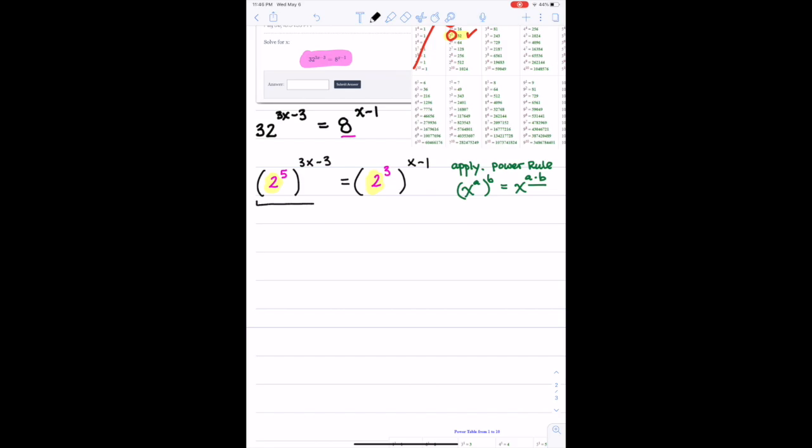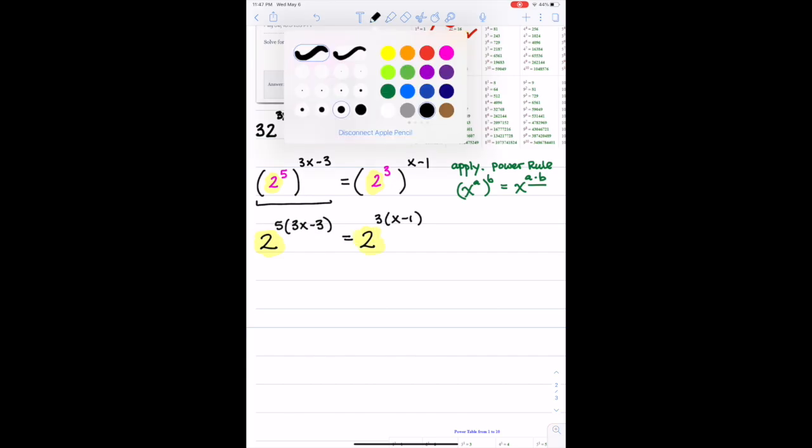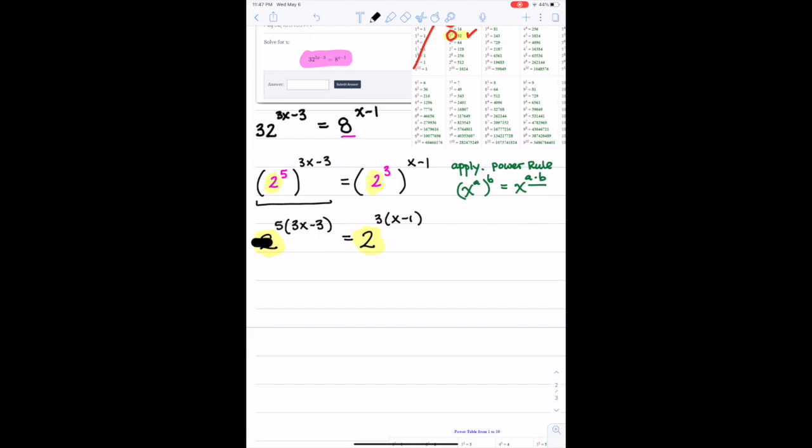If I do it over here, I get 2 to the 5 times 3x minus 3. If I apply it to this side, I get 2 to the 3 times x minus 1. And so again, notice that you have a common base. So that highly simplifies our problem, and we can pretty much get rid of those bases and only focus on the exponents. So that goes away.